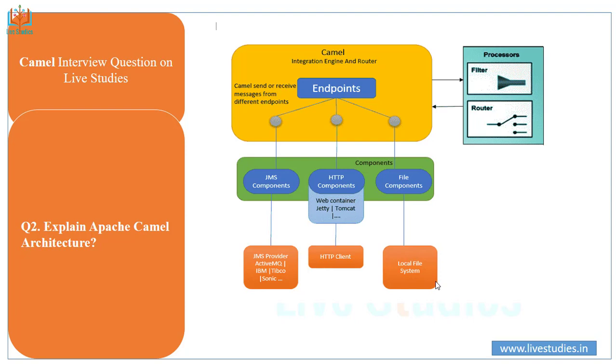A component is essentially a factory of endpoint instances. You can explicitly configure a component instance in Java code or an IOC container like Spring. Okay, or they can be auto-discovered using URI.